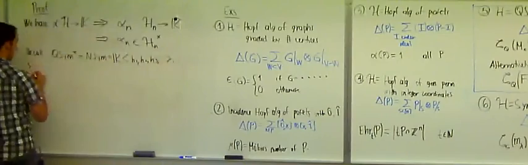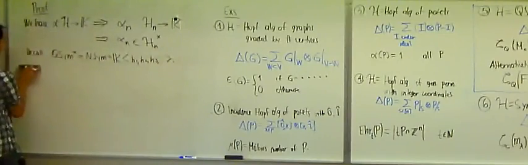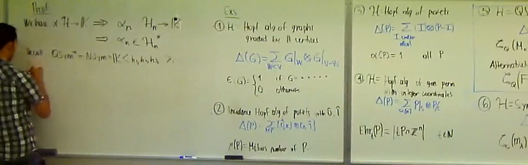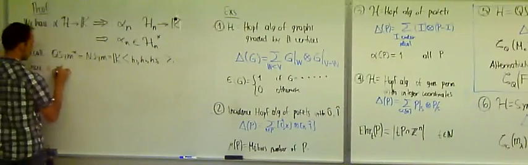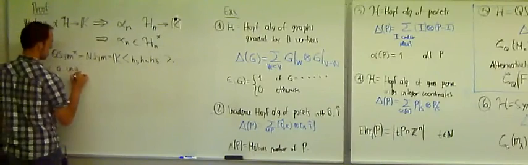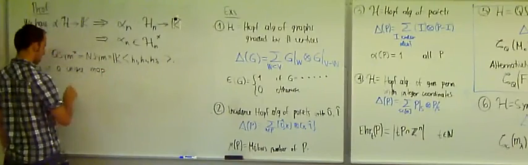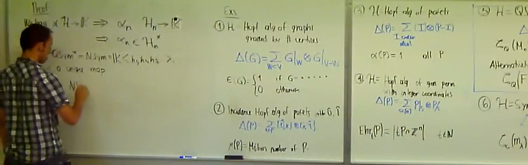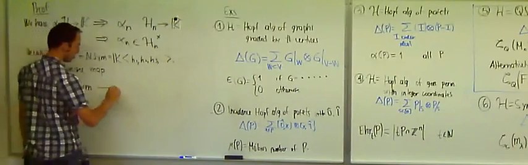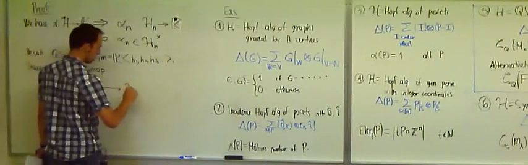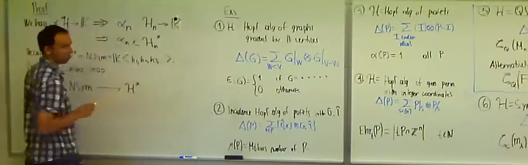then I have a unique map from NSYM to H star.